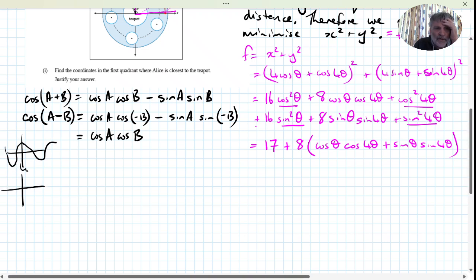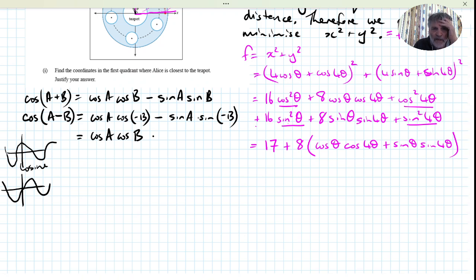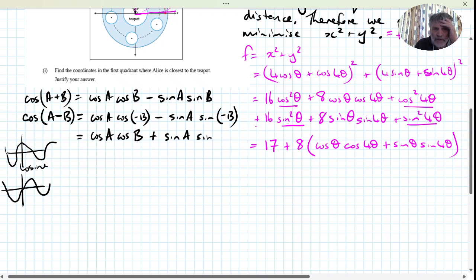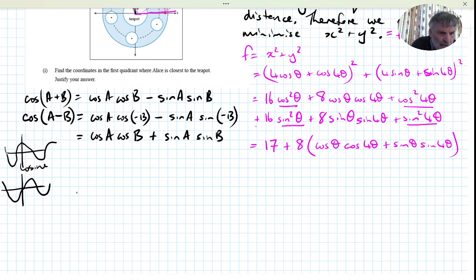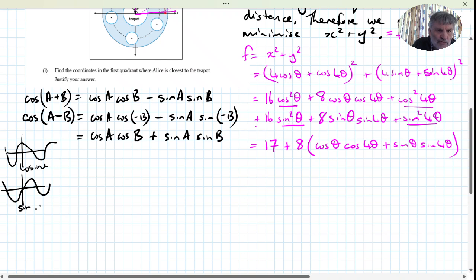And this is cosine. And sine is a rotation. So when you negate the angle, then you negate the sine, which will make this become plus sine A sine B. Now I probably shouldn't have drawn pictures over there, but we'll make do.